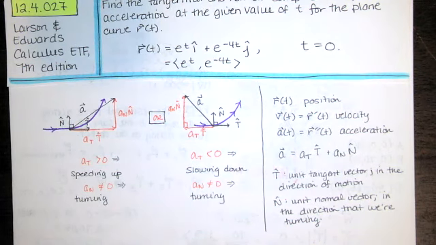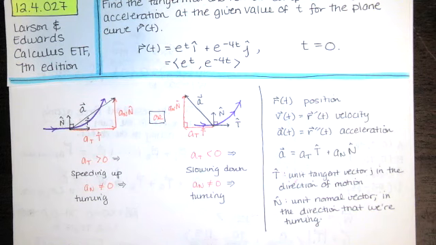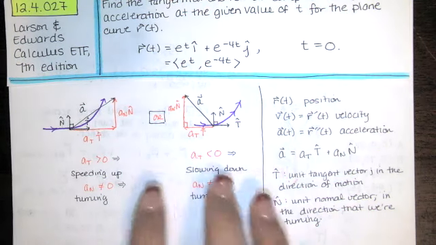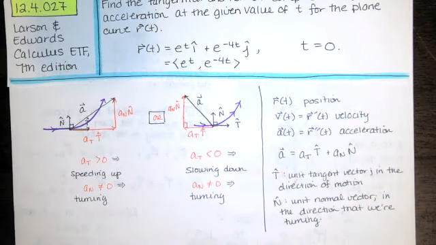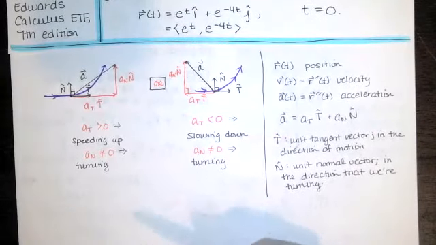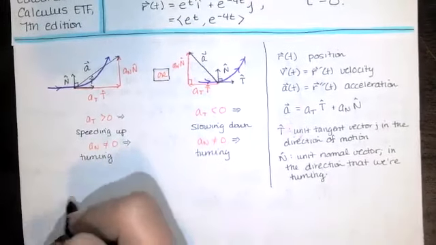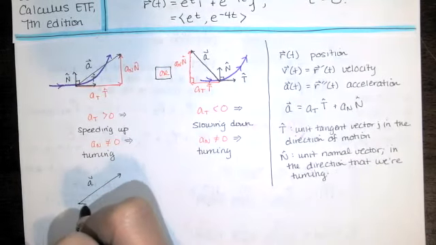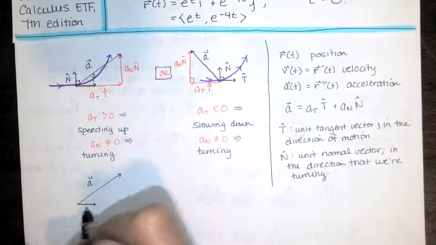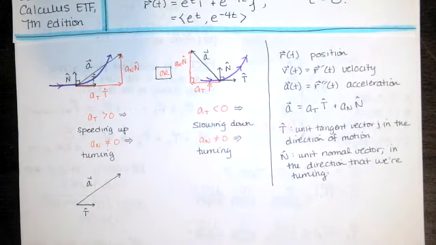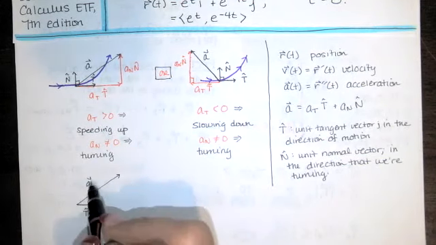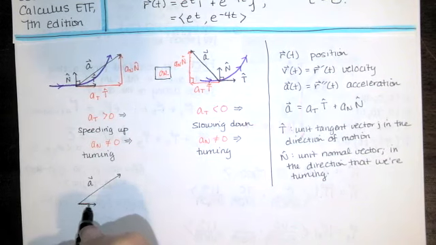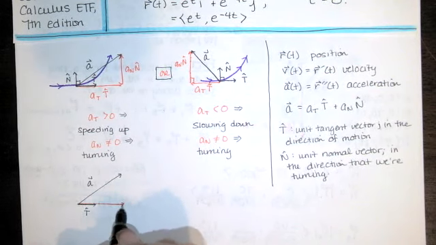Now, I can use either one of these triangles to find a formula for a sub t and a formula for a sub n. So let's think about this situation first. If my acceleration vector looks like this, and my t hat is this way, the component of the acceleration vector in the direction of t hat would look like this.